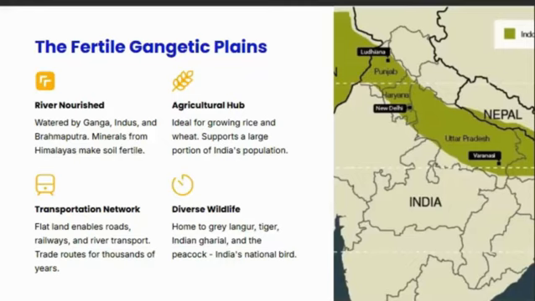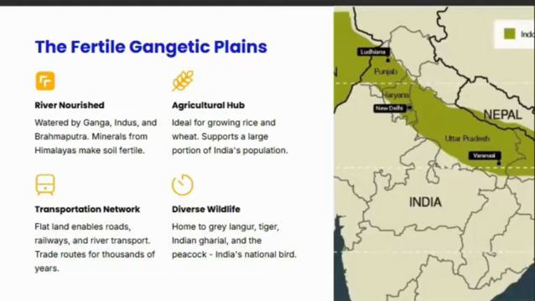So around this green area is the fertile Gangetic Plain, known as an agriculture hub because of its fertile land due to the minerals from the Himalayas and the rivers. It is ideal for growing rice and wheat. It supports a large portion of India's population.